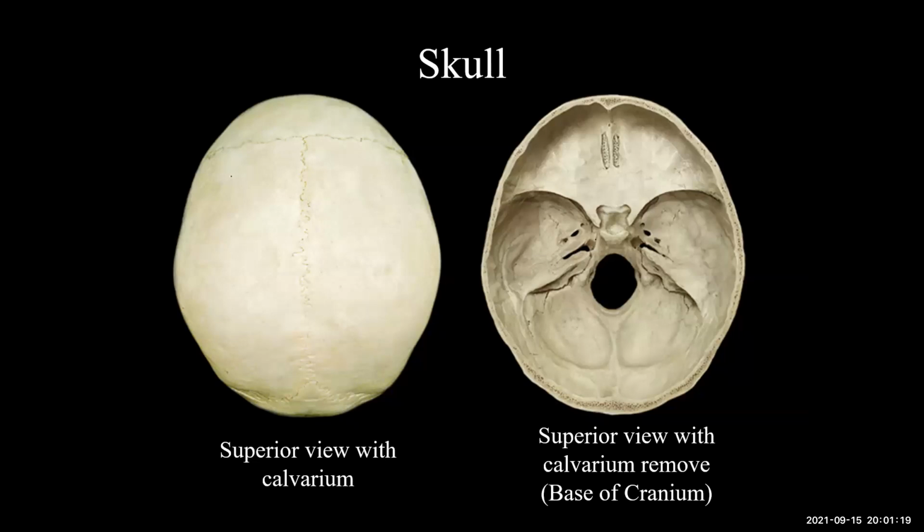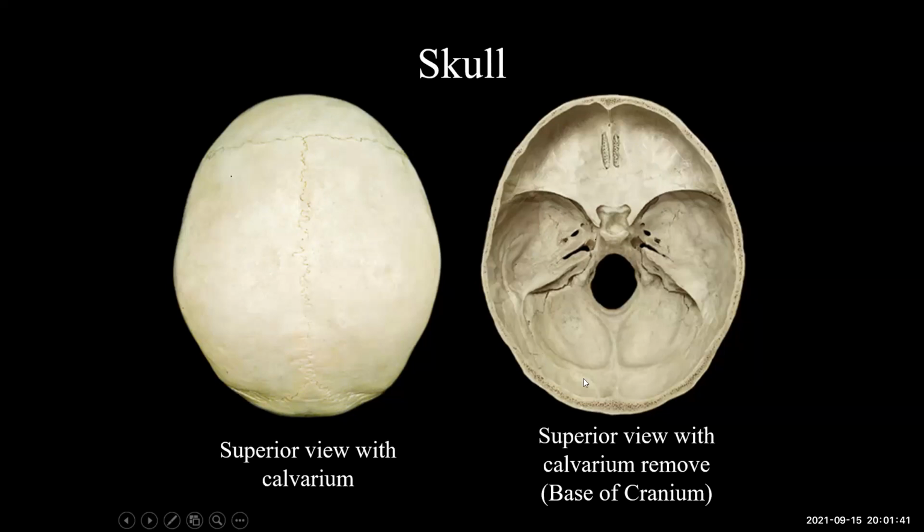To our left is the calvarium, and you can see it's made up of 4 bones: 1, 2, 3, 4. Here's the frontal bone. These are the 2 parietal bones, and then the occipital bone is here on the back. Once we took that off, normally the brain would sit here.